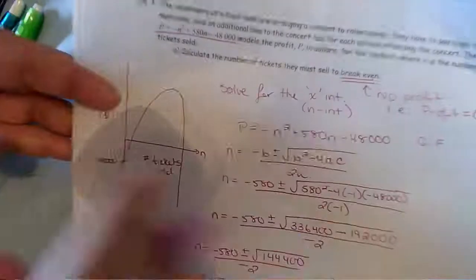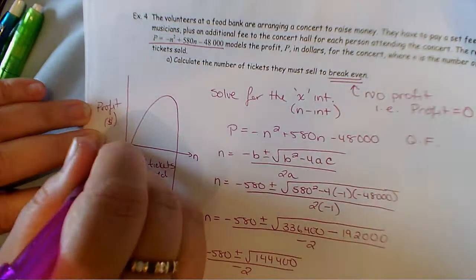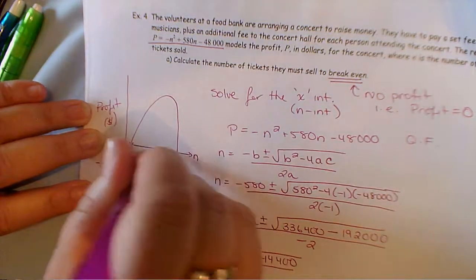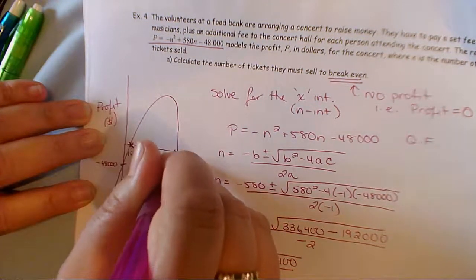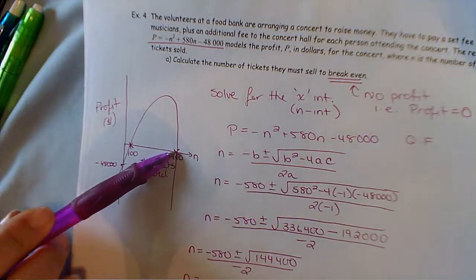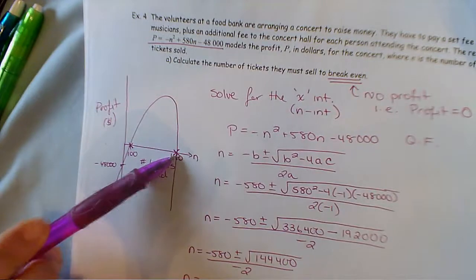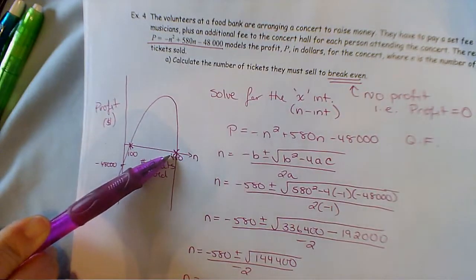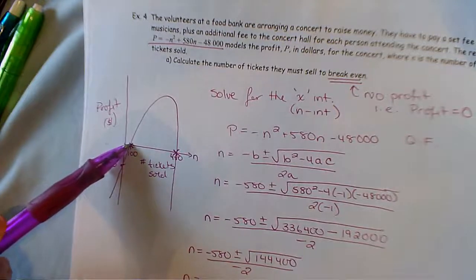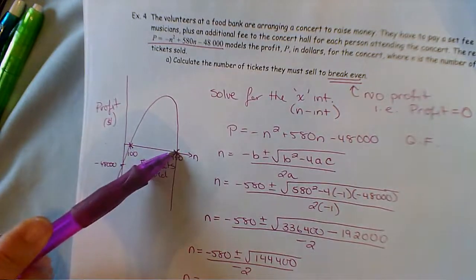So, based on our graph, at 100 tickets, they break even, and at 480 tickets, they cover their costs. Because remember, the more people that come, the more actually they end up spending on the venue itself. So this is the minimum that they should sell, but this is the maximum they should sell.